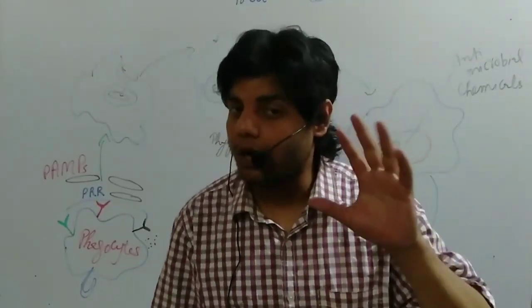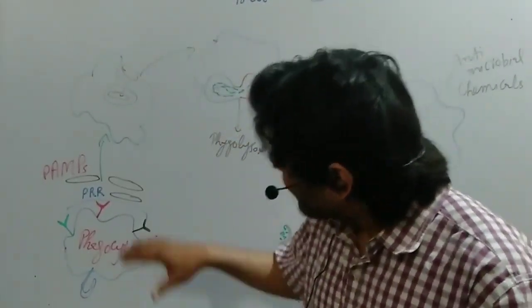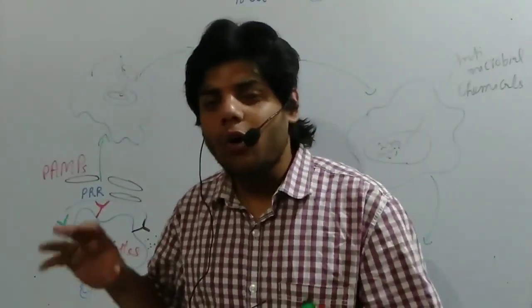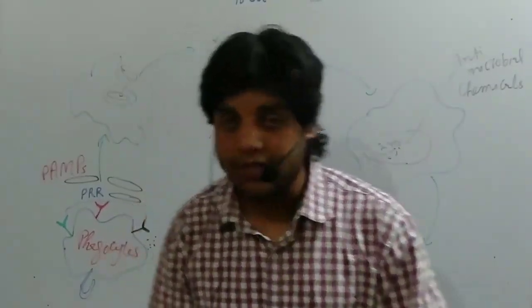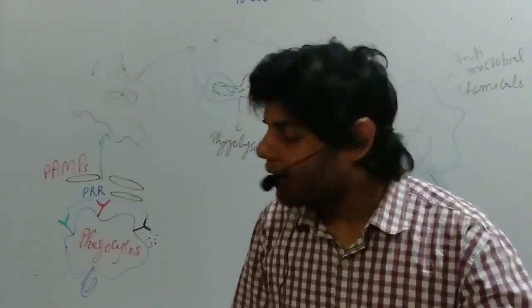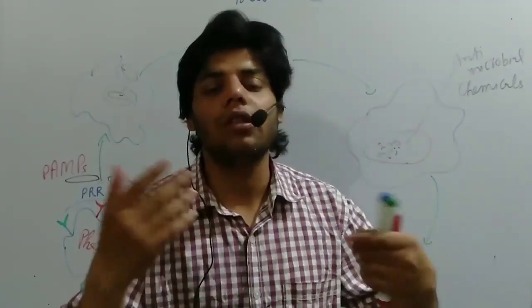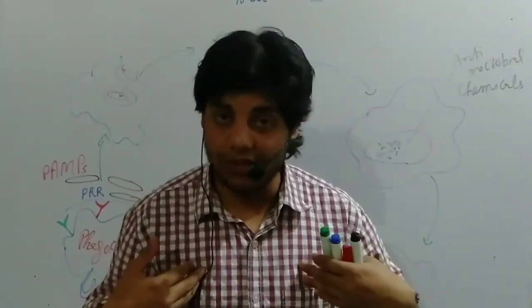Now here is a question that usually arises in our mind. These bacteria are engulfed by our phagocytes, meaning our own cells, but our phagocytes do not engulf our own cells.